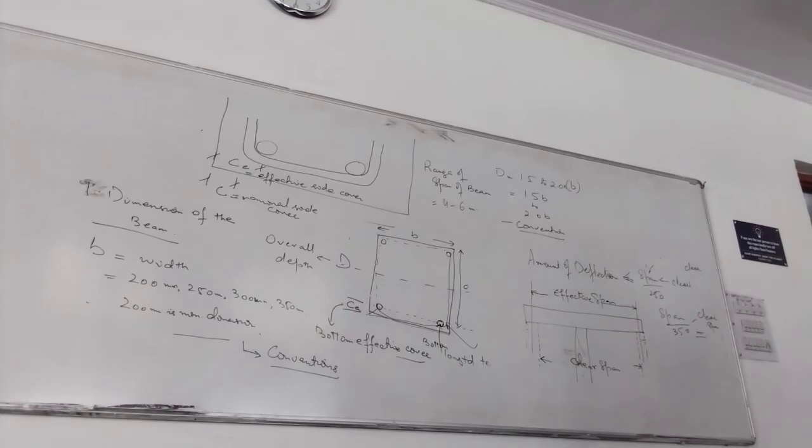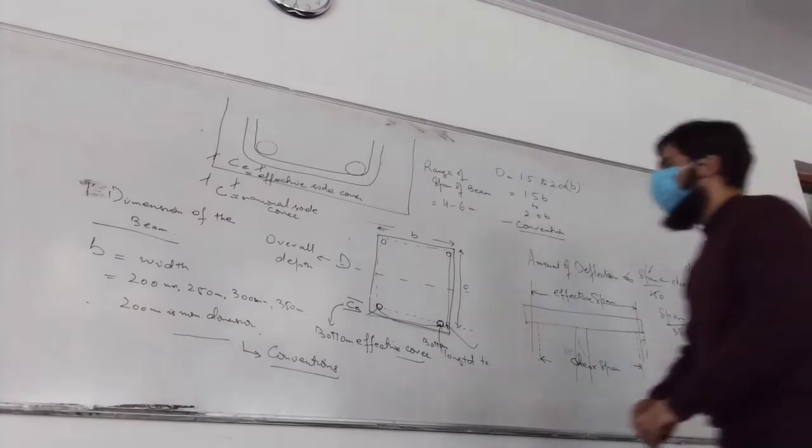The vertical deflection limit, which is given next, may generally be assumed to be satisfied. 23.2.1. The vertical deflection limits may generally be assumed to be satisfied provided that the span to depth ratios are not greater than the values obtained as below. Number 1, basic values of span to effective depth ratios for spans up to 10 meters. First, you have span to effective depth ratio.